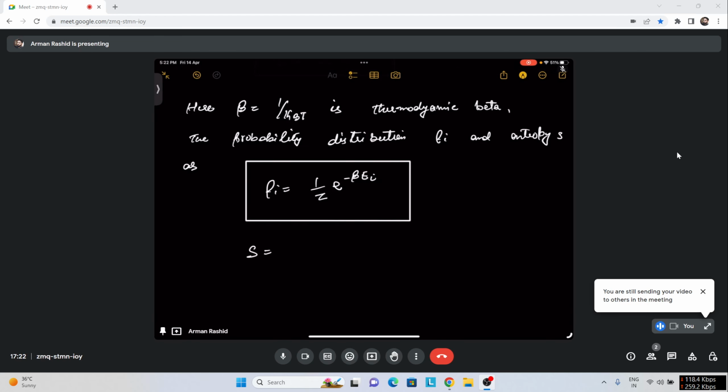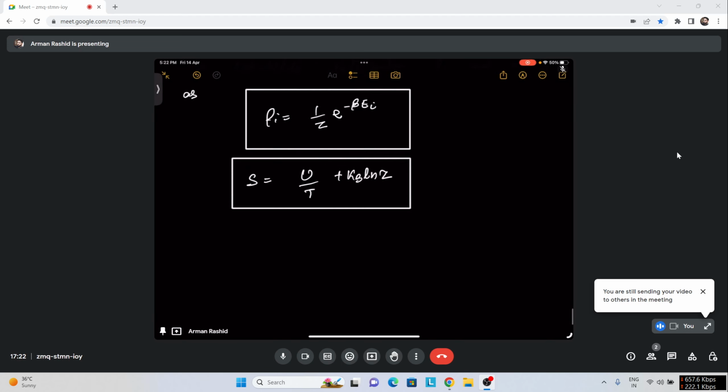Okay, and S will be given by U by T plus KB ln of Z. This is the entropy. Okay. So we have derived the equation for the canonical partition function.